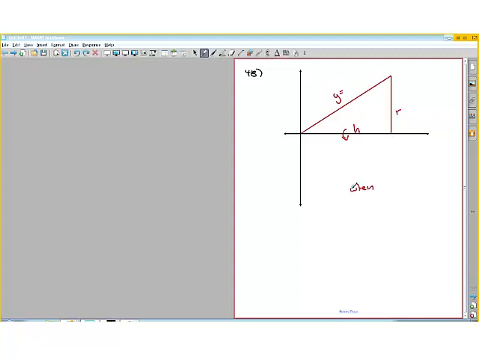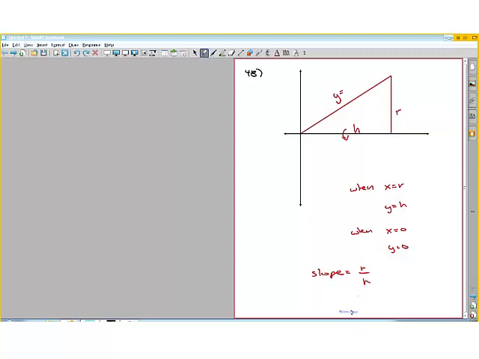When x equals r, y equals h. And when x equals 0, y equals 0. So these are 2 points, so you could use a point and the slope. So the slope is equal to the rise over the run, which is going to be r over h.